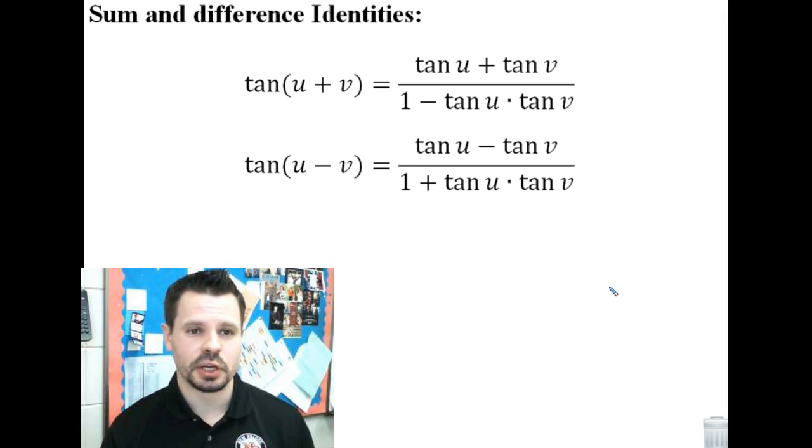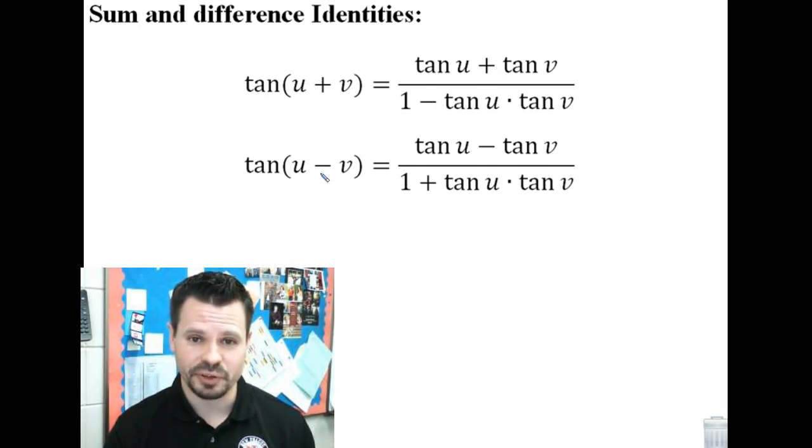Today we're also going to look at the sum and difference identities for the tangent function. There are two of those, one for the sum, one for the difference. And notice these two identities are the same thing except for where the positive and negative symbols fall. With a sum identity, we have a plus on the top, minus on the bottom. And with the difference identity, it's minus on top, plus on bottom.